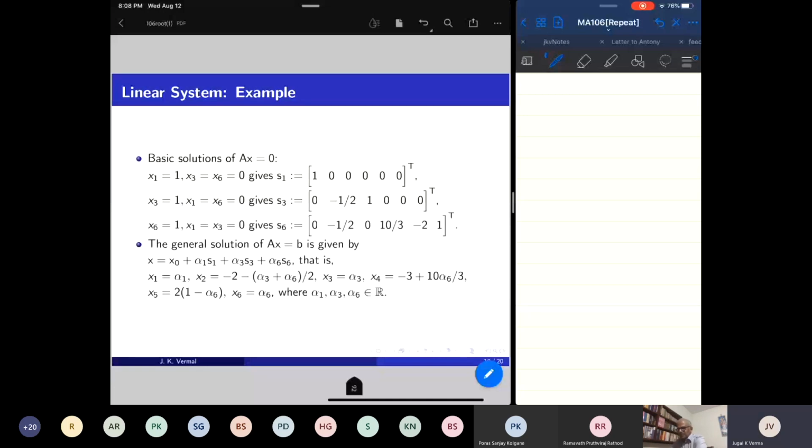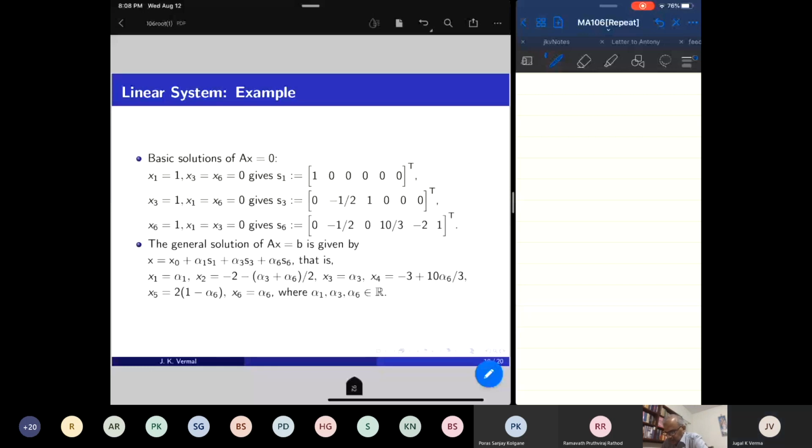So this I proved in the proposition earlier. We can get basic solutions by other means, but this will give us the basic solutions so that all solutions of Ax equal to 0 are linear combinations of these three basic solutions.